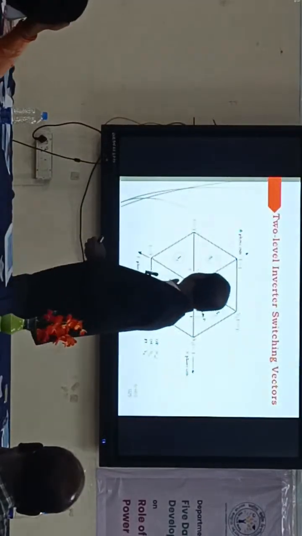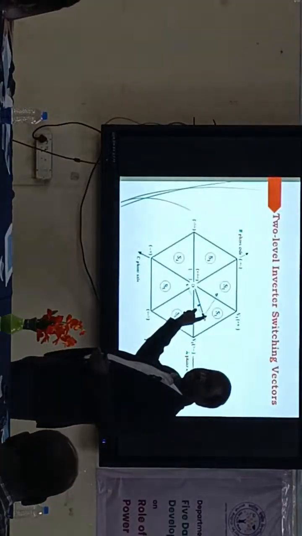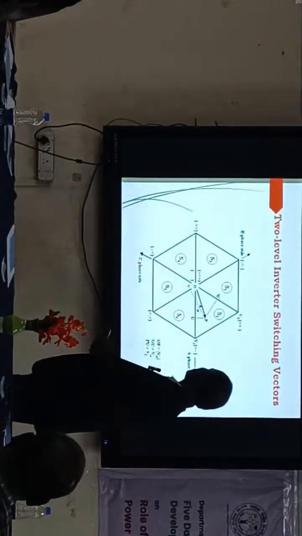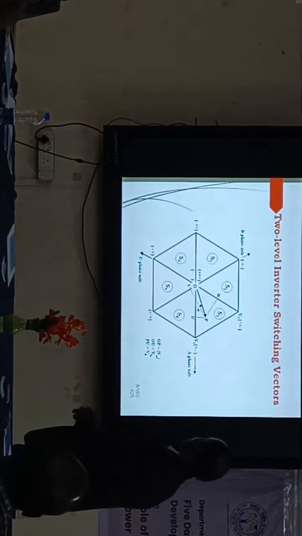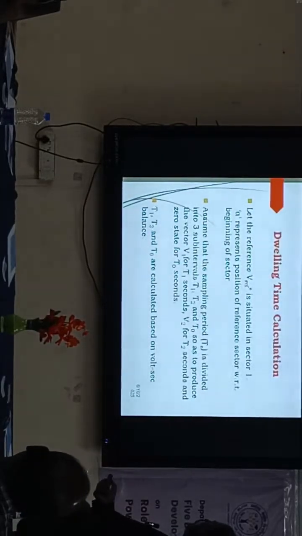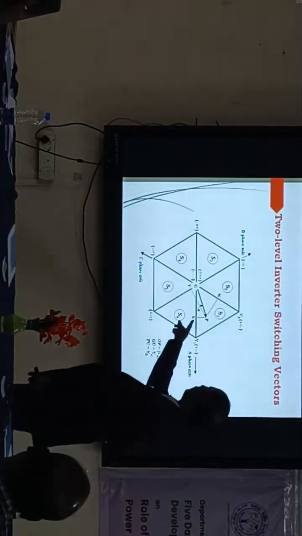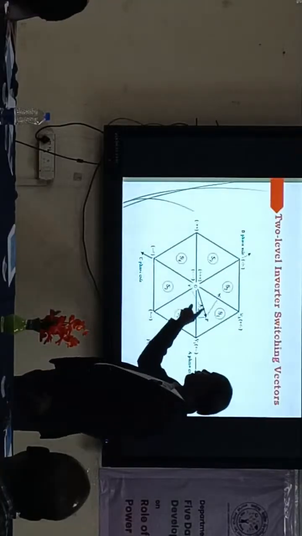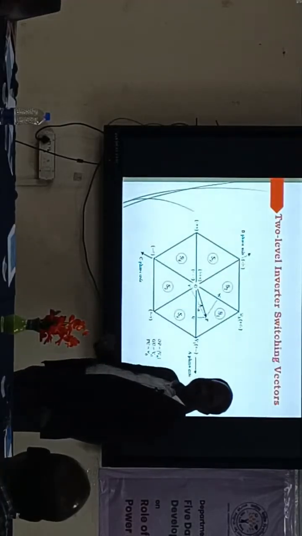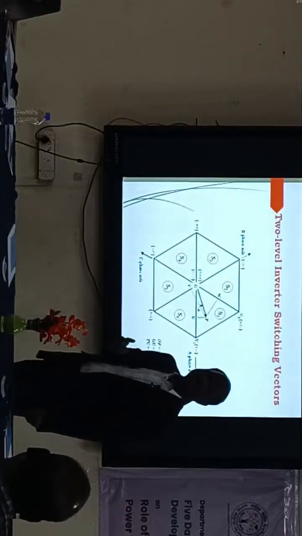For that, we have to synthesize this vector. We have to synthesize this space vector. Synthesize this space vector means, for example, you see here, I want to get an angle of alpha, and this magnitude is 70% of it. That is my requirement. So what do I do?